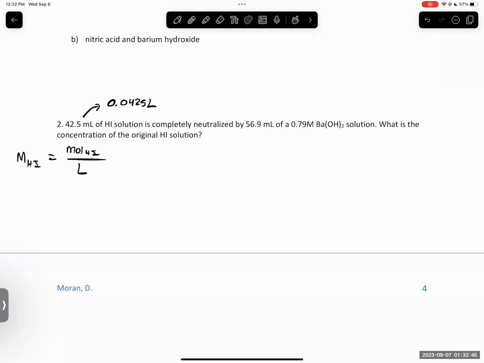Okay, so how are we going to get moles of HI? Well, it's always helpful to write the chemical equations that happen. So we have hydroiodic acid, and barium hydroxide is a base. So this is an acid-base reaction, right?